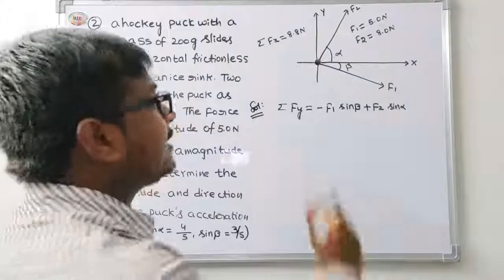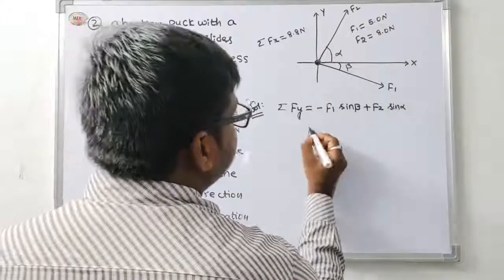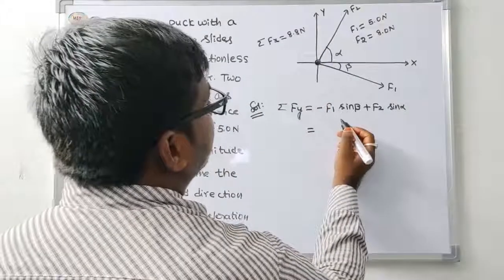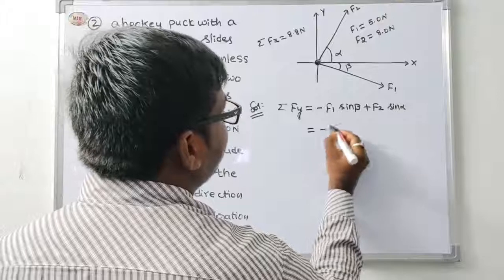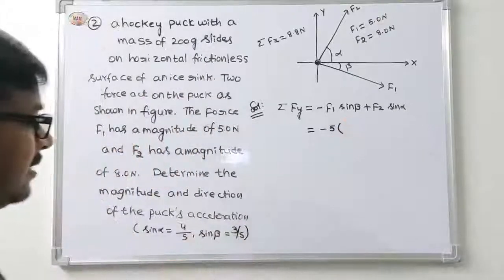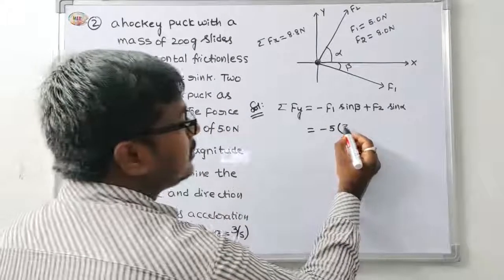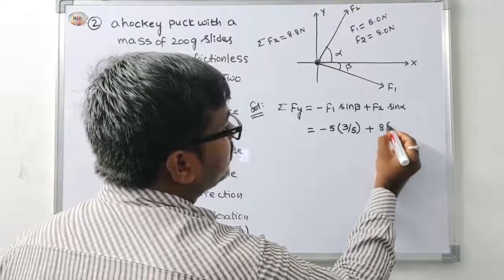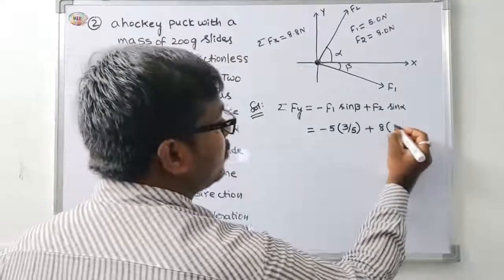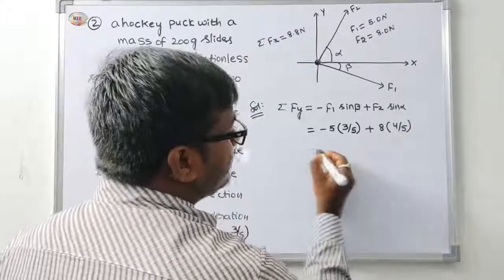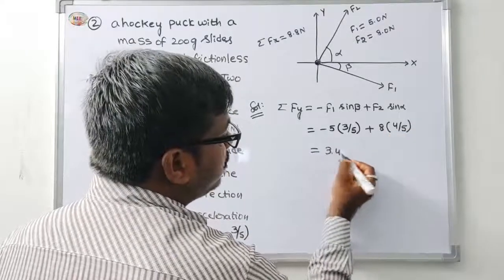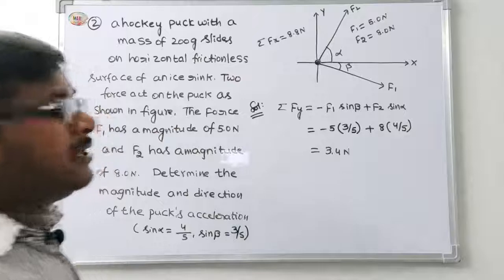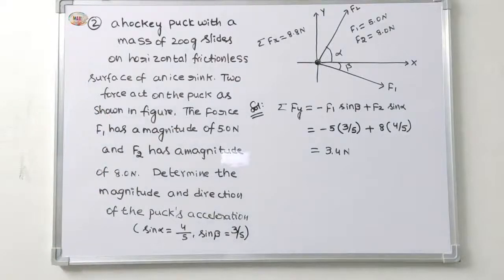On the right side, that is equal to minus F1, F1 is minus 5 into sin beta 3 by 5, plus F2 8 into sin alpha 4 by 5. That is equal to 3.4 Newton. This is the net force acting along the y-axis.